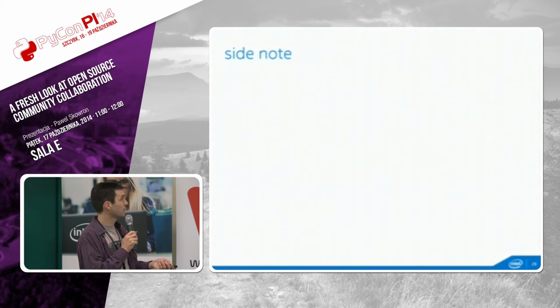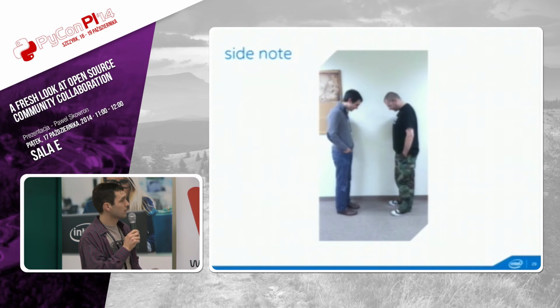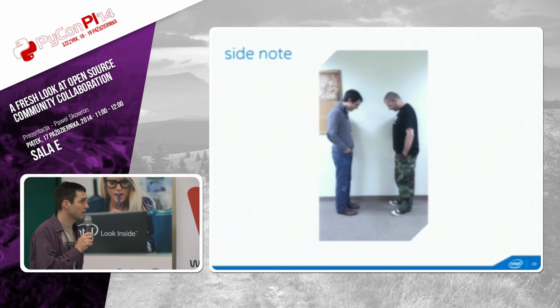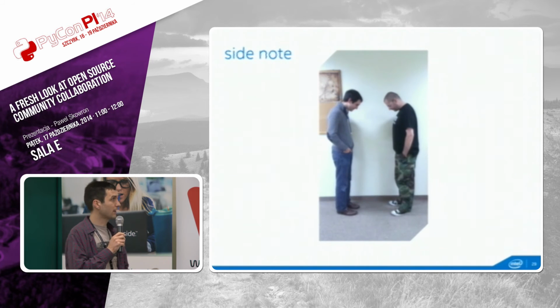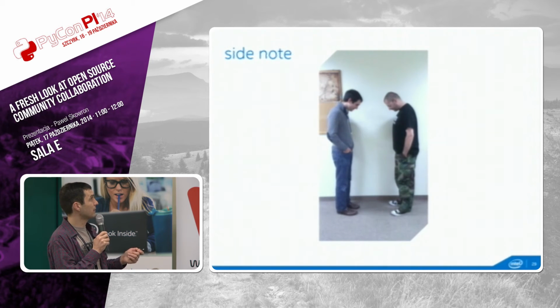Okay, let me just move on to the slide now. I know that there are some unjustified jokes about software engineers, like the difference between introverts and extroverts. The introvert software engineer looks at his own shoes, and the extrovert, in this case me, looks at the other party's shoes.